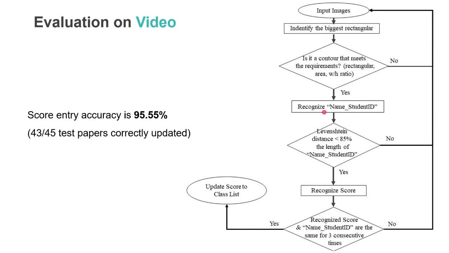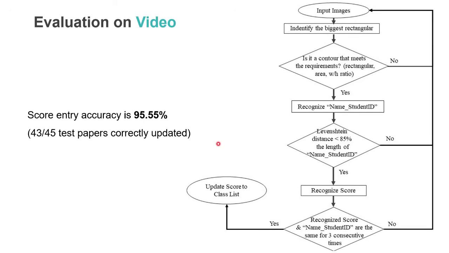If the output of the model and the output in the class list are similar, we retain the information. But if they are really different, we eliminate the picture, eliminate the result. So the final accuracy is about 95.55%. 43 out of 45 test papers correctly updated.